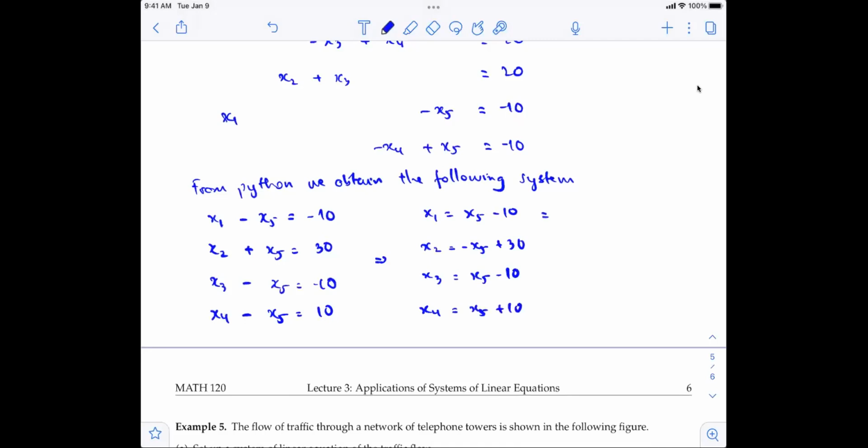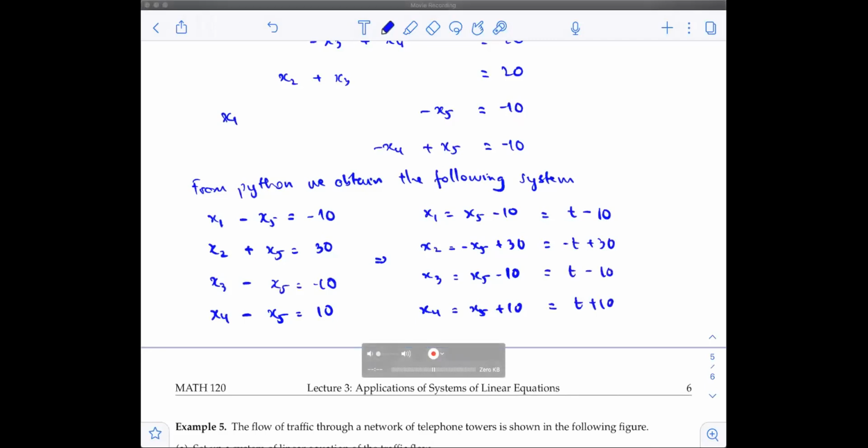If you let x5 equal t, for t any number, the solution is t minus 10, negative t plus 30, t minus 10, and t plus 10.